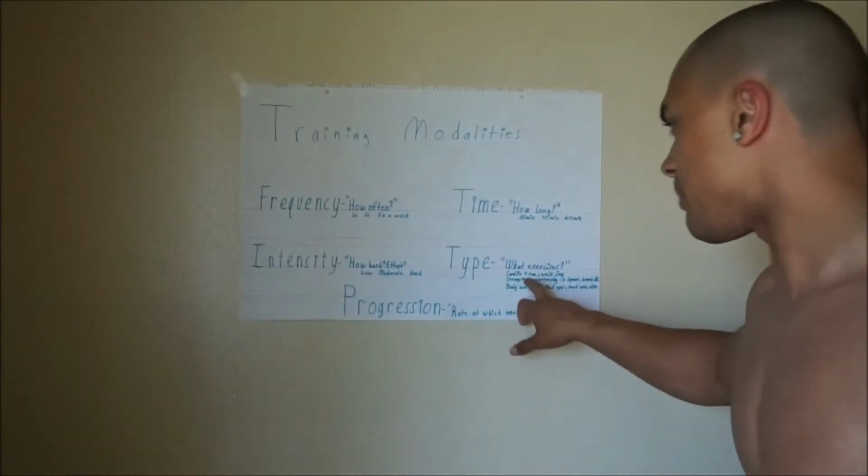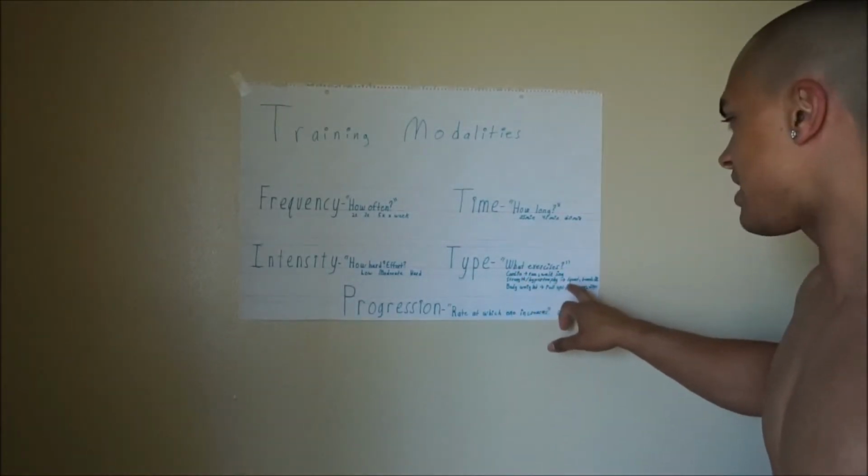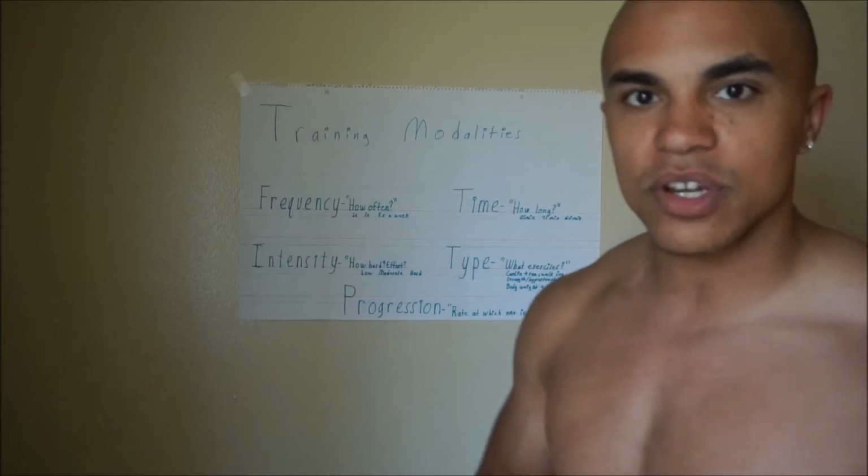Next one, type. Okay, so what type of exercises? What that's going to really focus on is that the type of exercise you're doing is important, because you have to be doing the right type, the most optimal type of exercise in order to reach your goals. So let's say I'm a bodybuilder. My goal is to build muscle, build lean muscle mass.